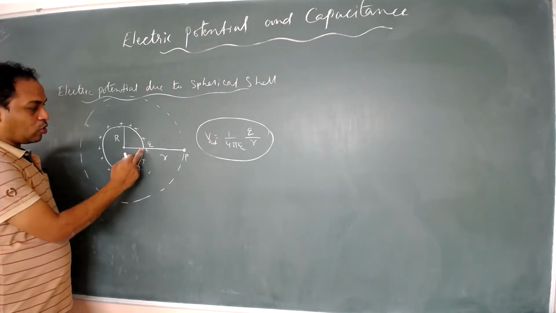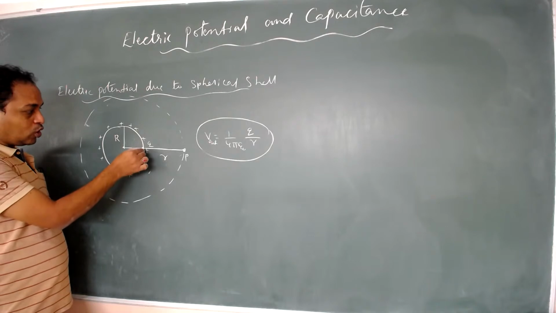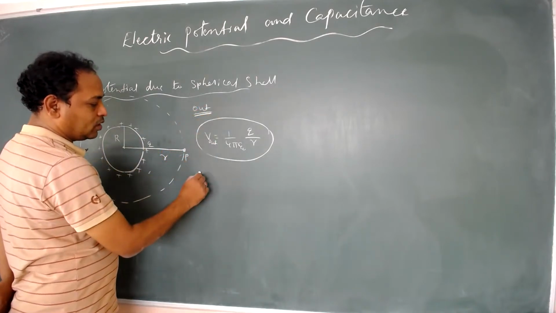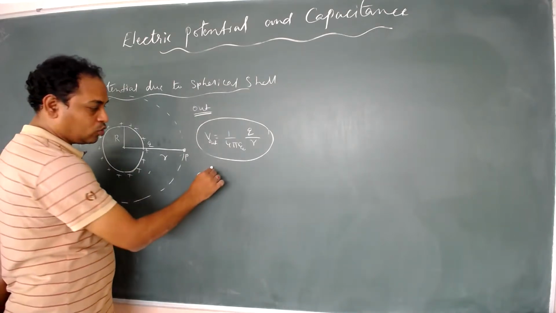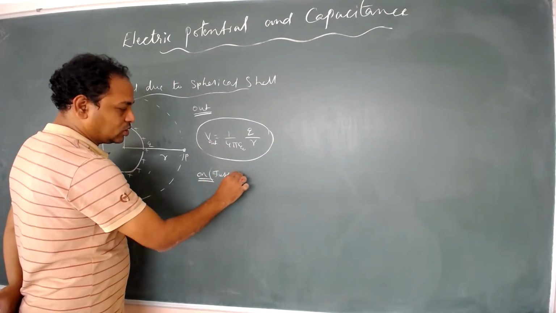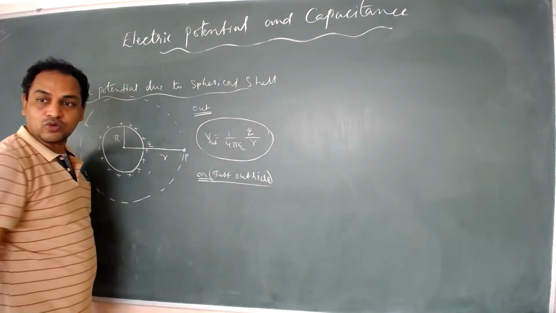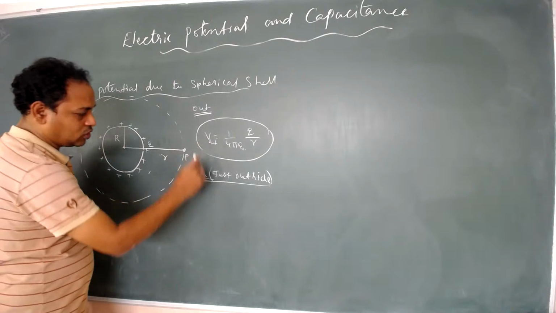On the surface, how much is it? Means at this point I have to consider on the surface. Outside, next is on the surface. किसी book में on बोलते, or we can say it as just outside. कोई book में इसे just outside भी बोलते, मतलब on the surface. ठीक है? तो on the surface में कितना होगा? Same formula.